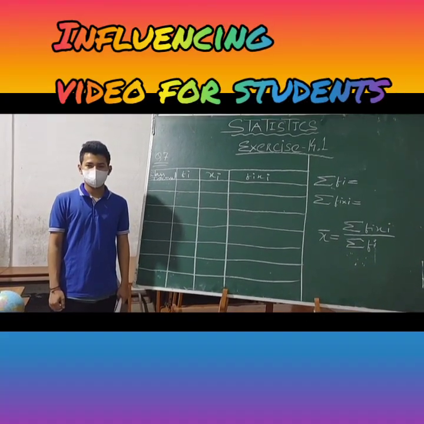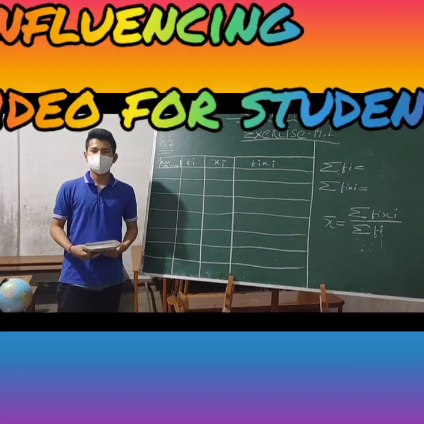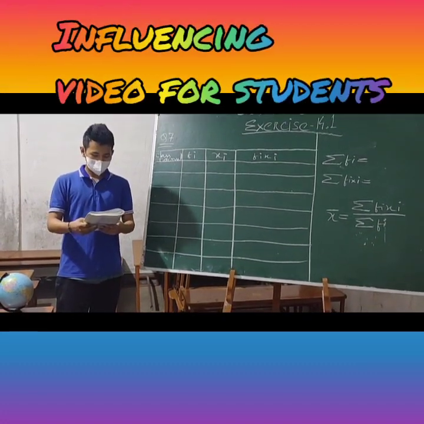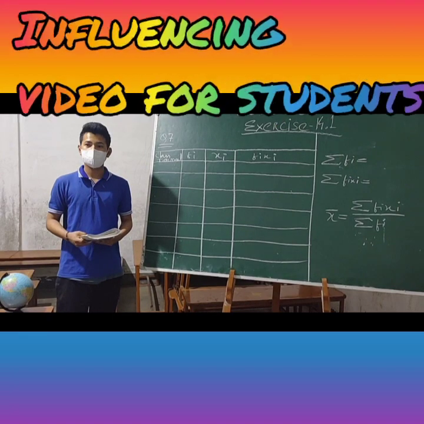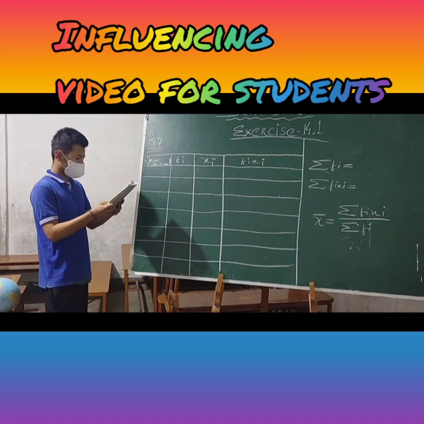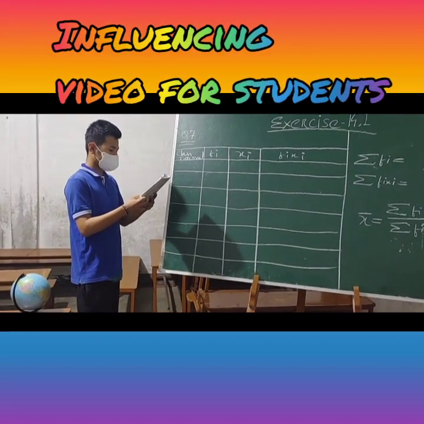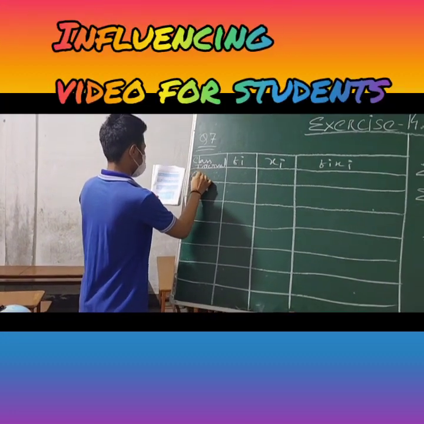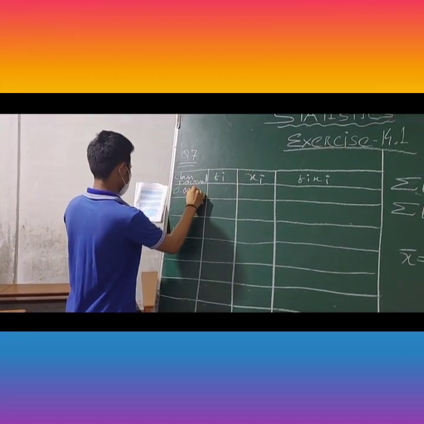Hello everyone, my name is Anurag Dasbura and today I am going to do a question from the statistics chapter, exercise 14.1. In this question, we need to find the mean of the concentration of sulfur dioxide in air. So it is given the class intervals. Now I am putting the class intervals from the question.